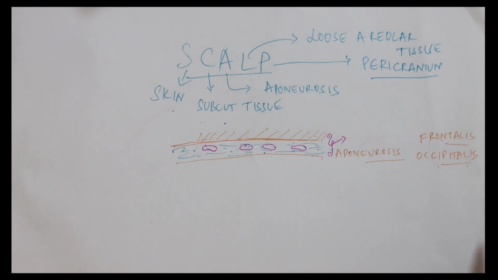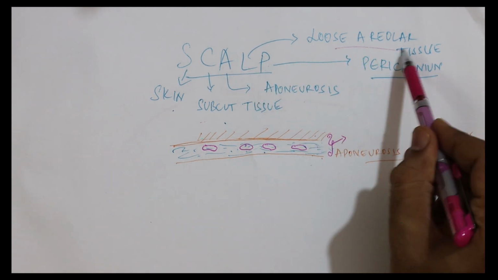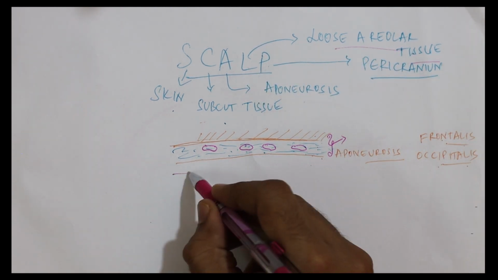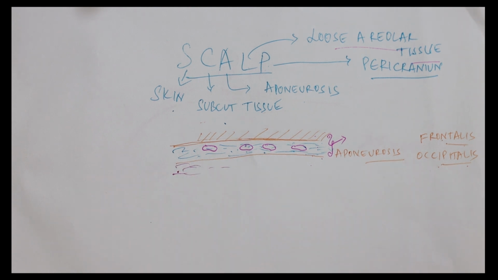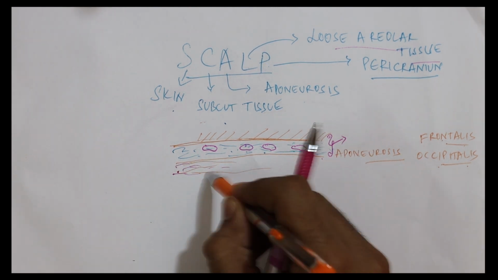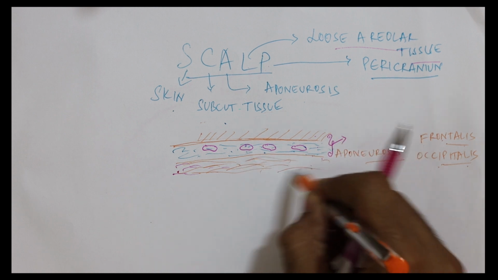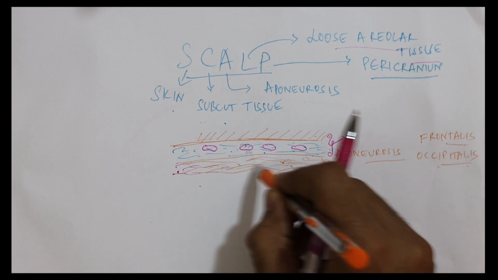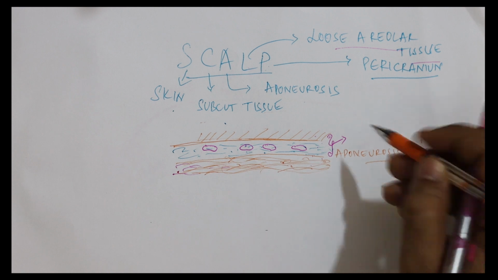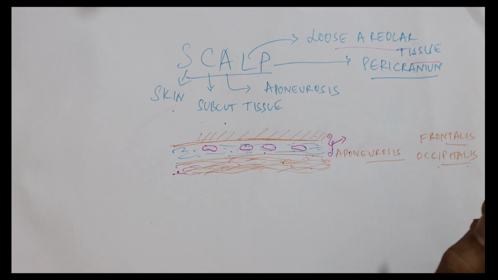So beneath this aponeurotic layer, there will be a layer of loose areolar tissue. As the name suggests, it contains loose connective tissue. It is on this loose connective tissue that all these three layers will move.